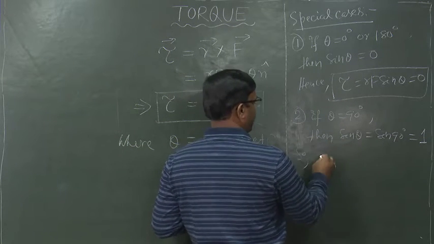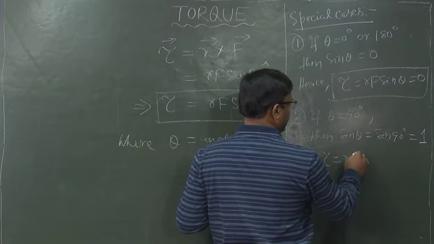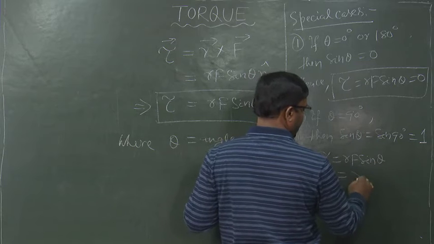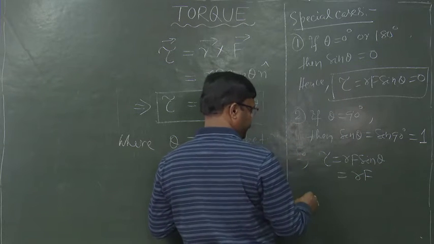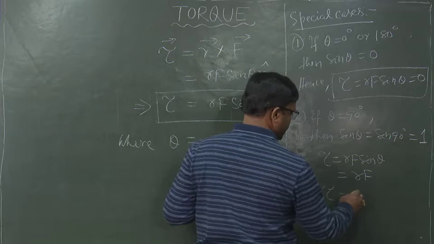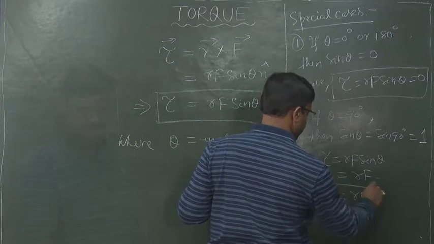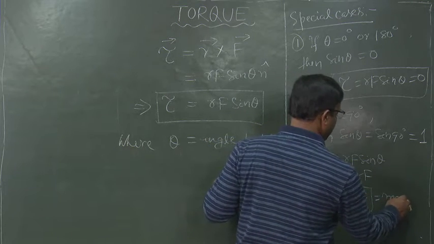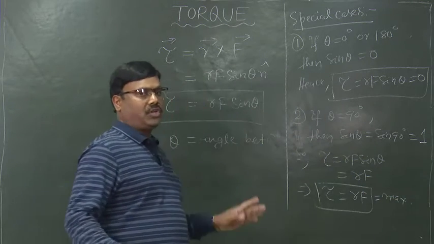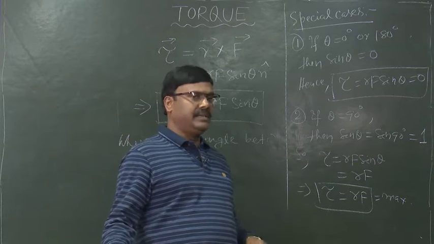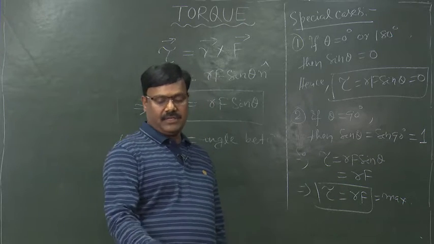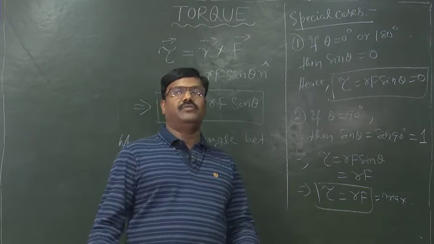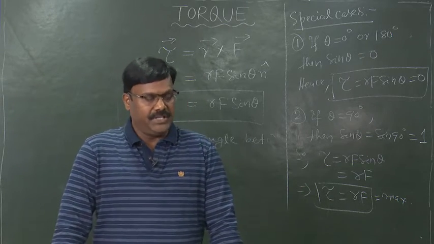So, tau is equal to r F, and this is the maximum value of torque. So, torque will be maximum when the radius vector or the perpendicular distance is perpendicular to the force acting on the body.